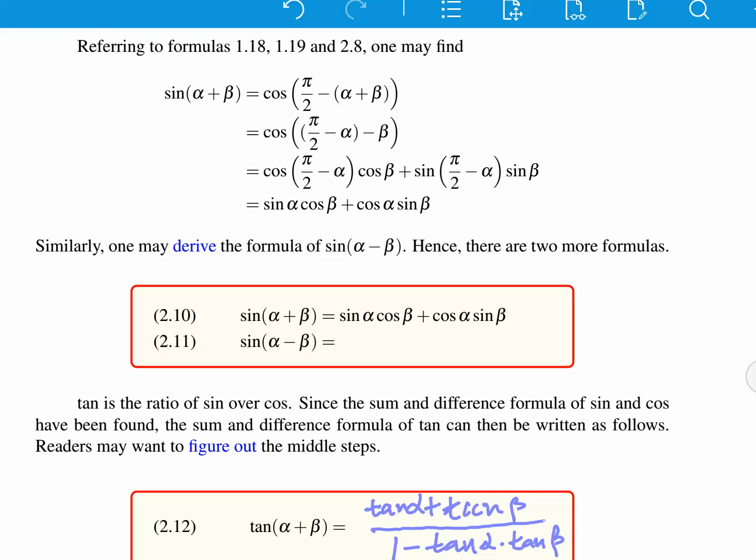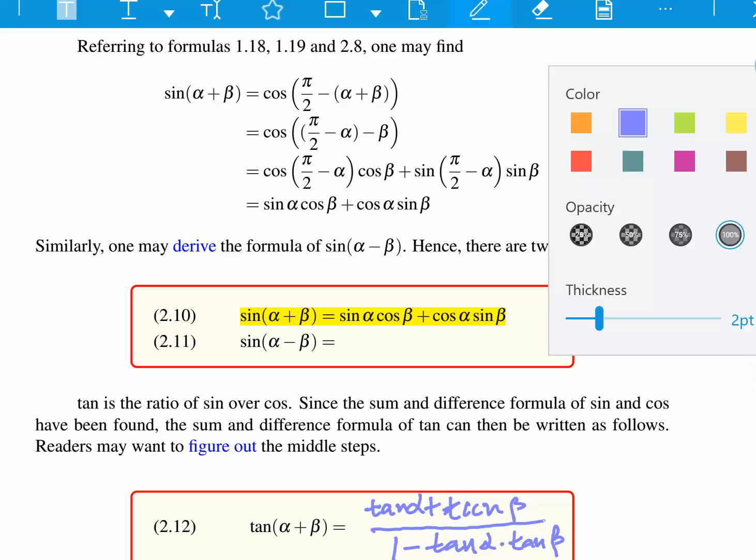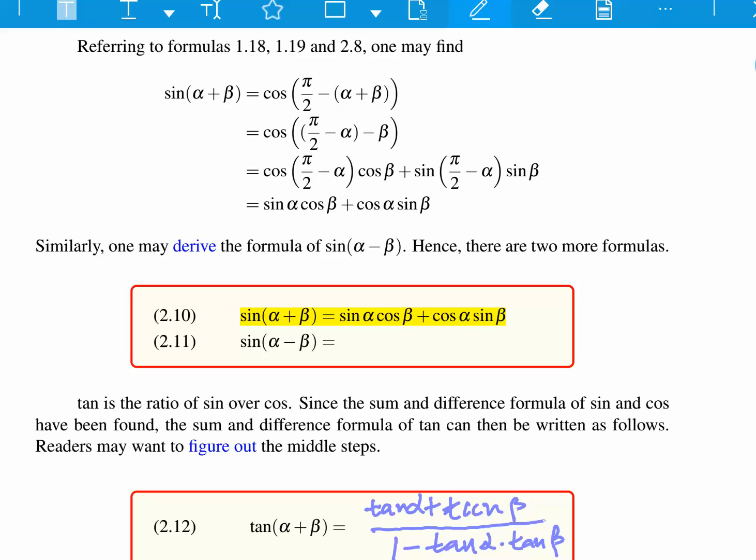Now, let's look at the one right here. The first one is the one we learned before. Right here, if we let alpha equal beta, then what do we get?